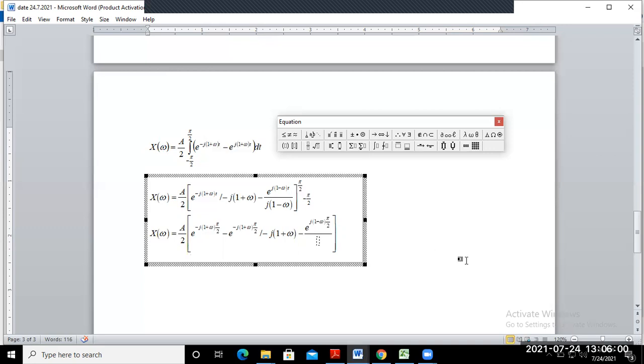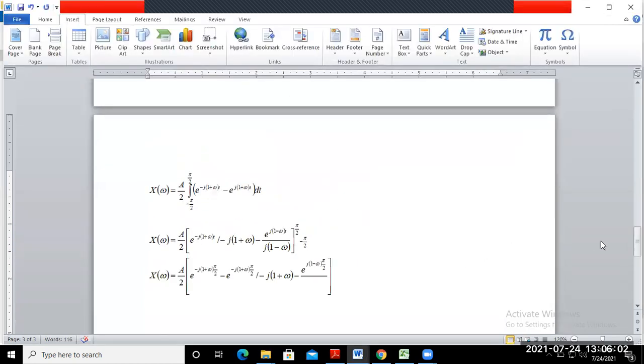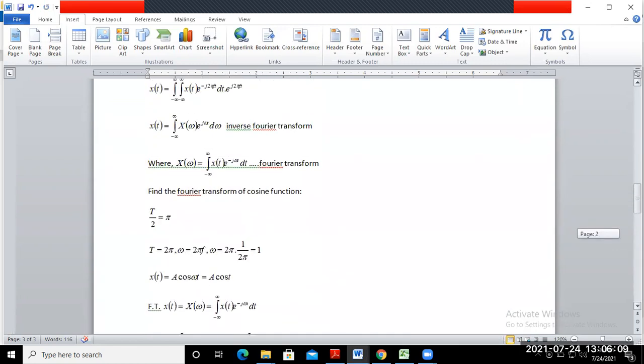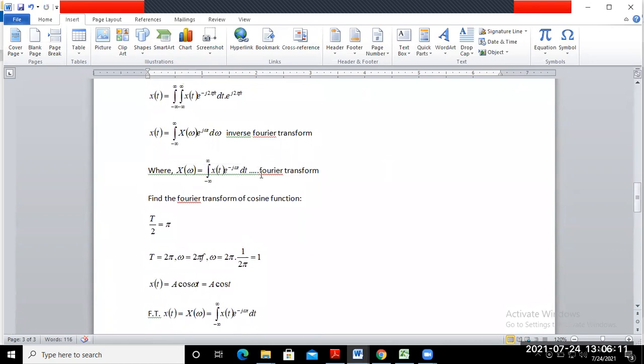So you may practice some problems based on the Fourier transform. Remember these two formulas, the inverse Fourier transform and the Fourier transform formula, and based on these you can solve some problems and practice.